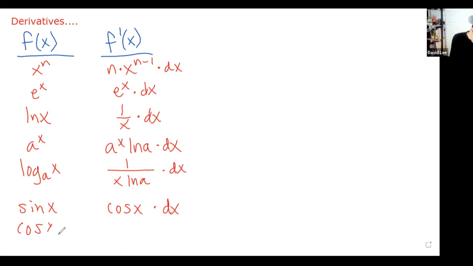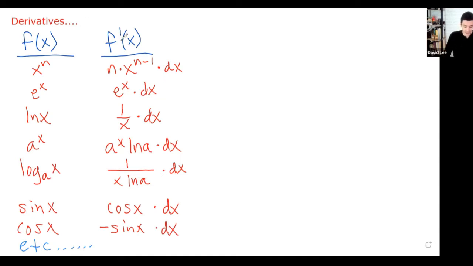The derivative of cosine was negative sine x times dx. And I'll just write the word etc. because there were more functions that we discussed, like more trig functions. But you have those in your notes. The point of this is just to recap derivatives.